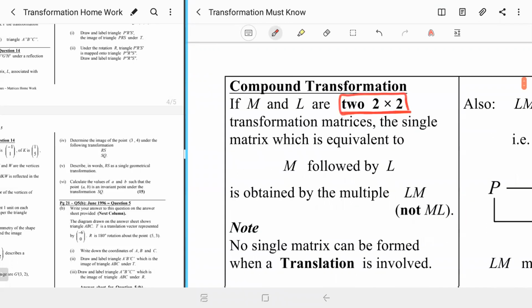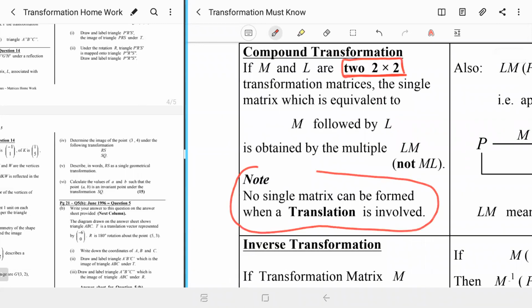Note, a single matrix can be formed. No single matrix can be formed when a translation is involved. Because that second one involves a translation, we cannot form a single matrix. No single matrix can be formed when a translation is involved.